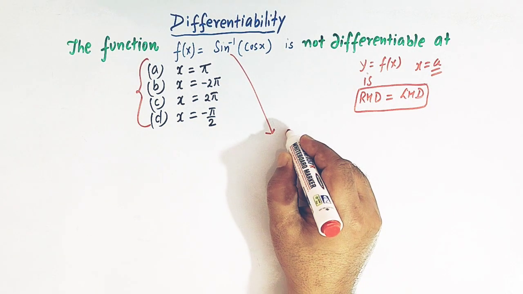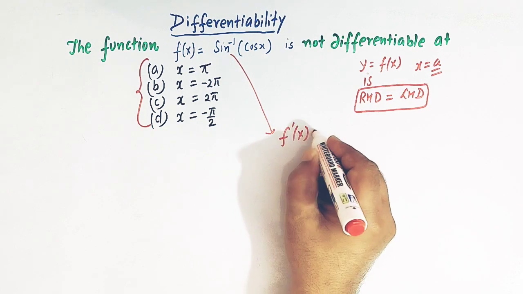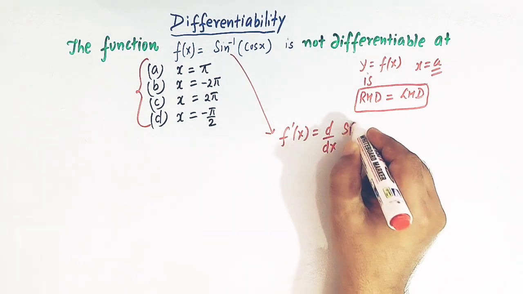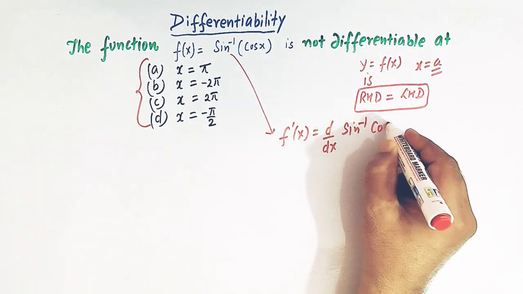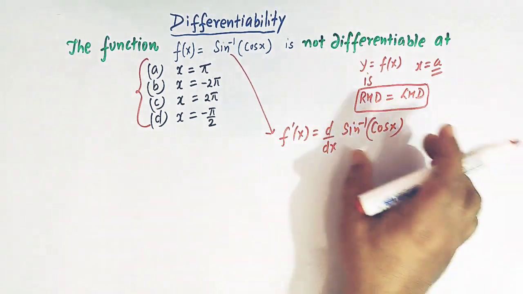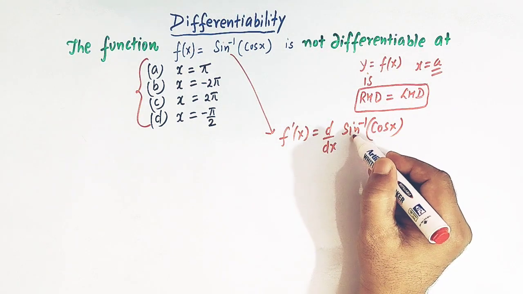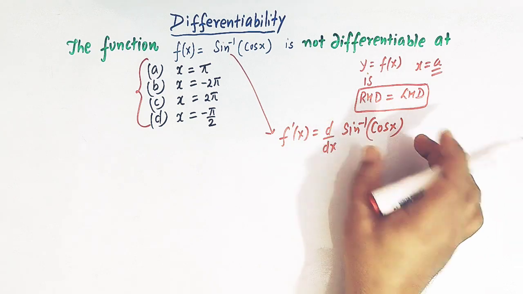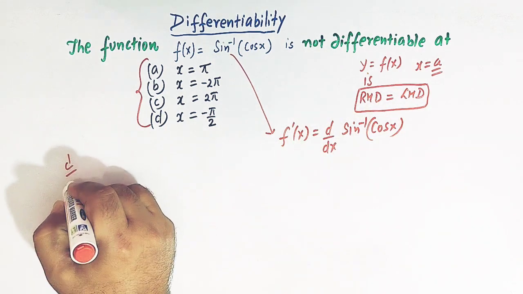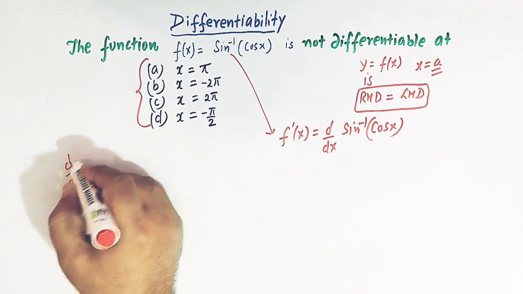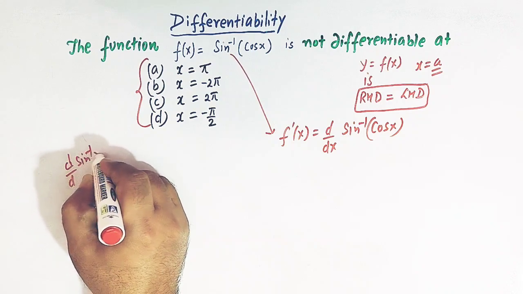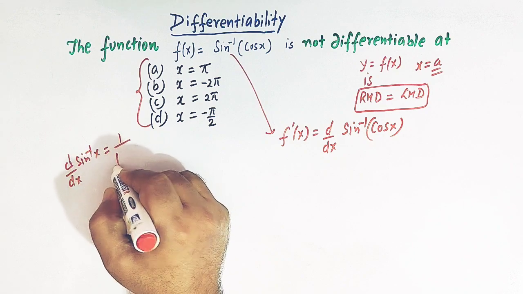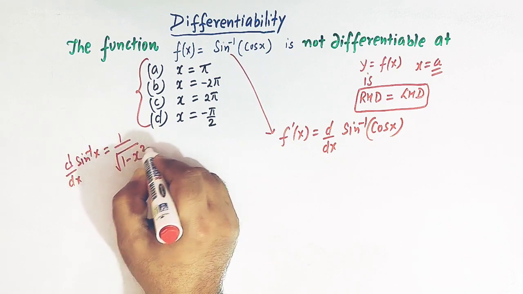So f prime of x is equal to d by dx of sine inverse cos x. We know that the derivative of sine inverse x with respect to x is 1 over square root of 1 minus x square.